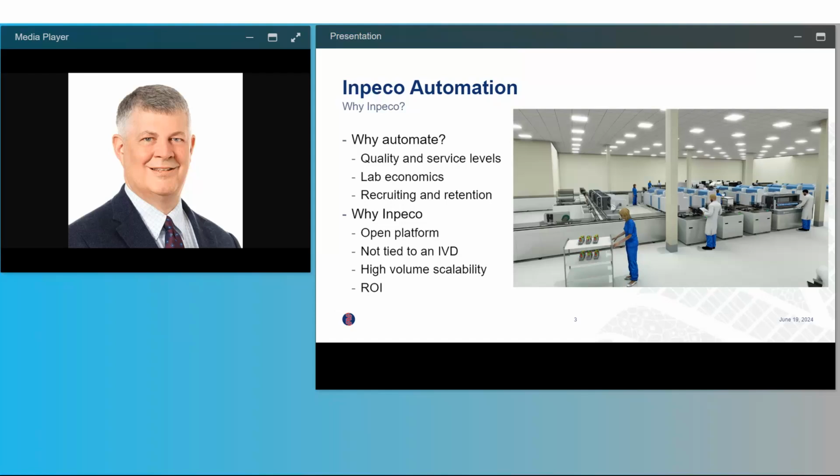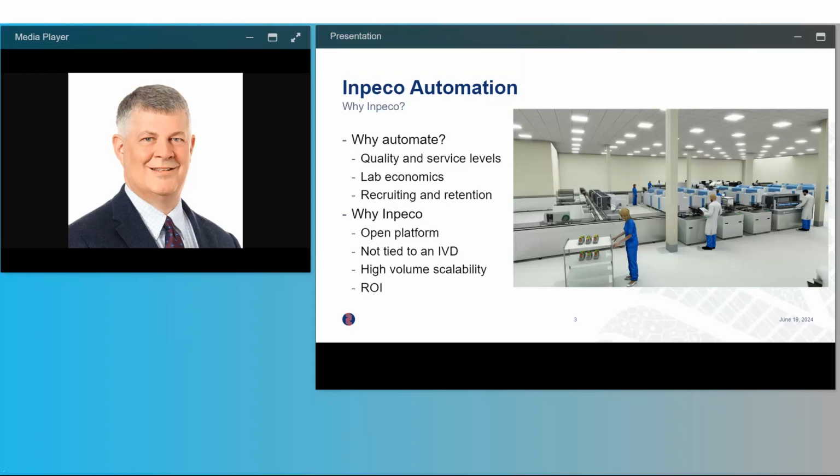The retention and recruiting of technical staff has become an increasing challenge, and the way to address that is to automate. Our goal is to have our technical people doing what they trained to do, reviewing the testing that's happening and making sure that quality is at a high level, and not doing the repetitive tasks that can be handled by automation. So why Inpeco?